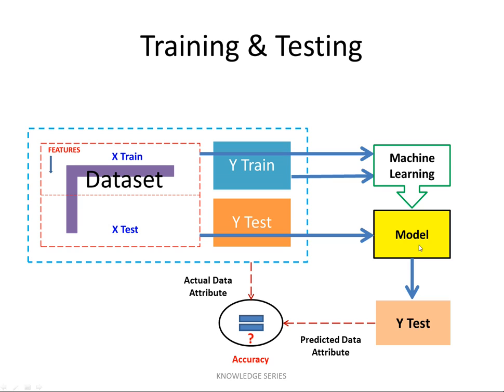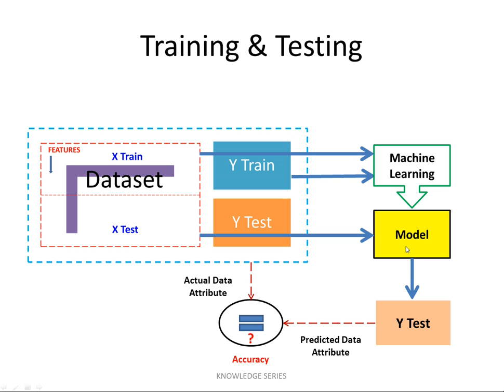In the testing phase, we do slightly different things. Since this x is the non-targeted attribute or test data, and for this data, y test indicates that for a given input, this is the output. That means we know all these questions and all these answers. In the same way, for this given test, we know the output.